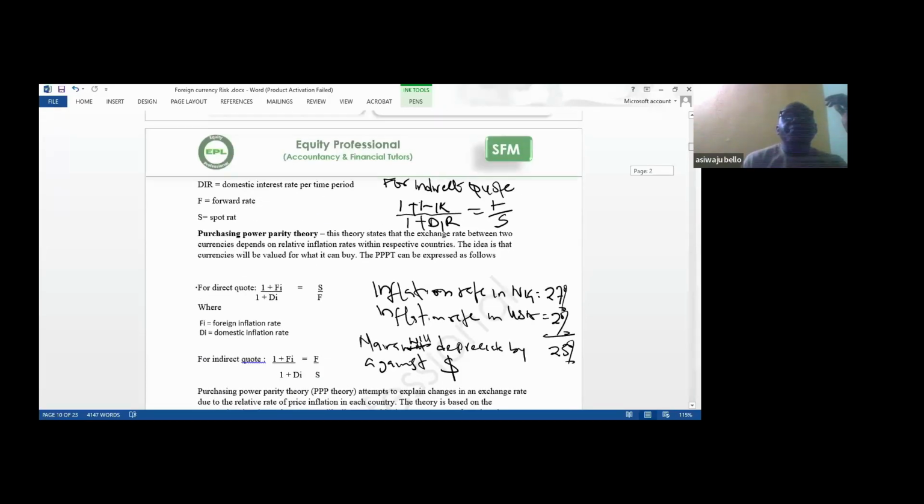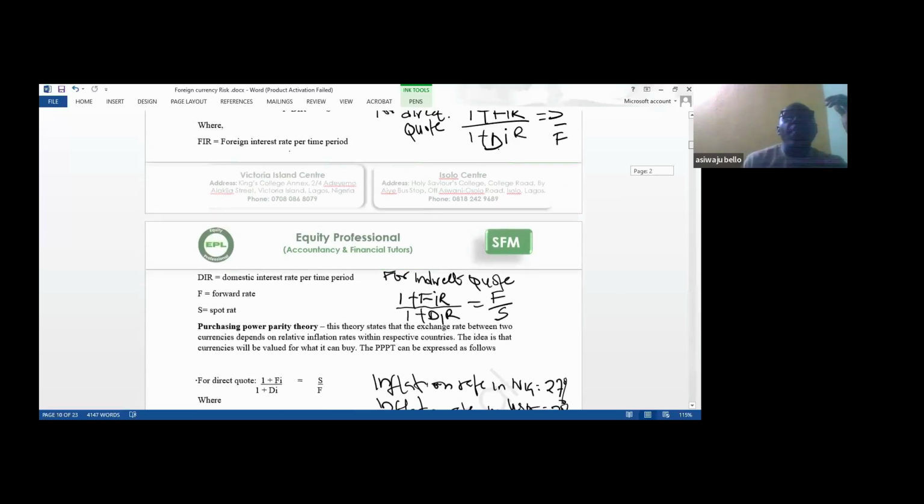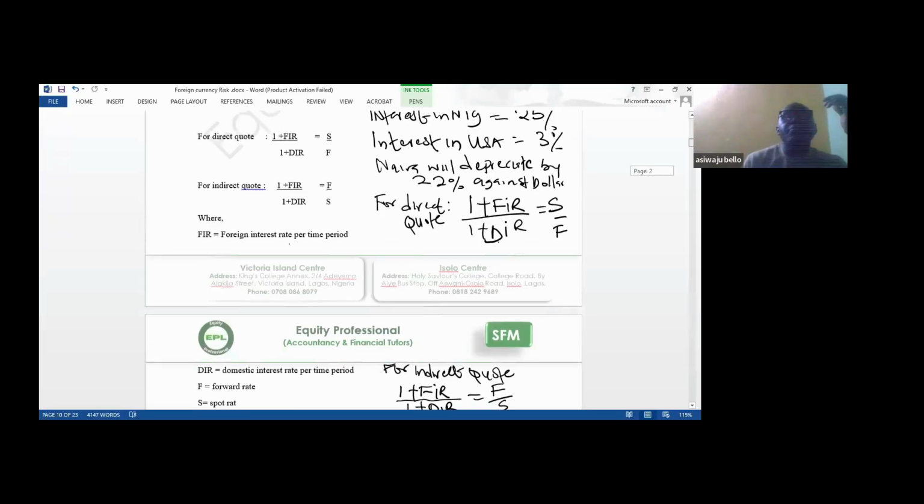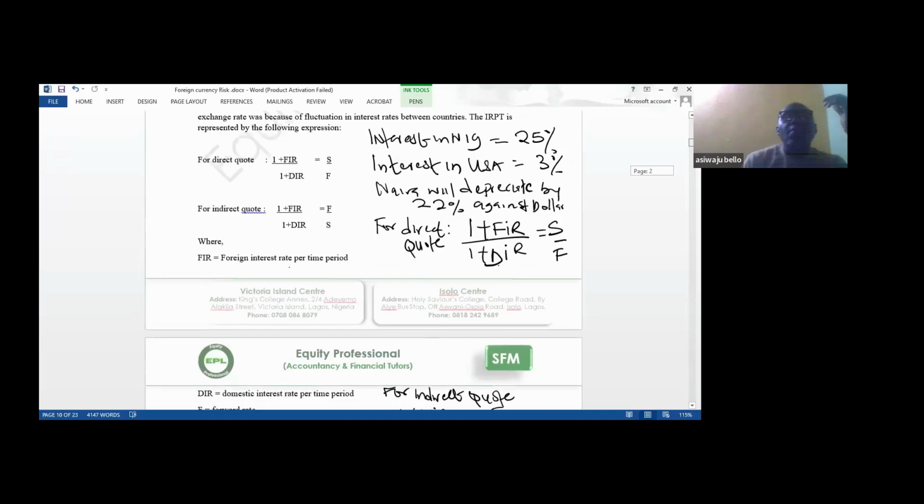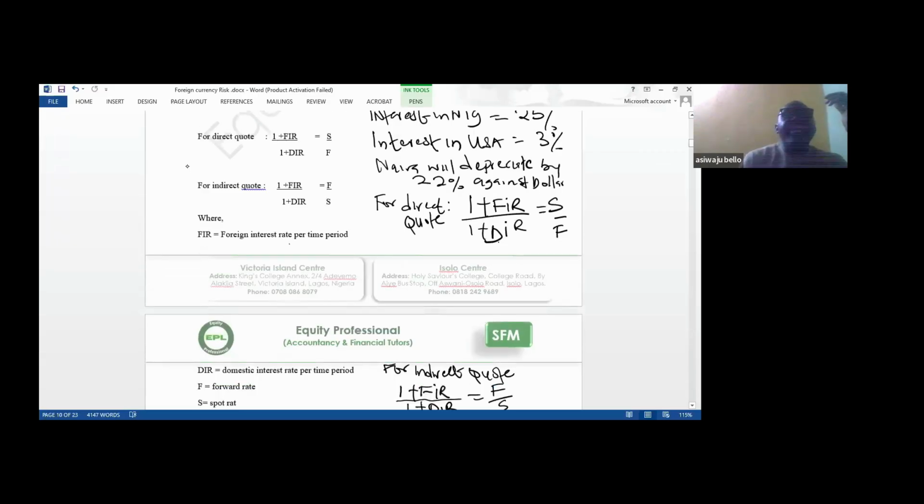Look at it here. The formula is 1 plus FIR divided by 1 plus DIR.